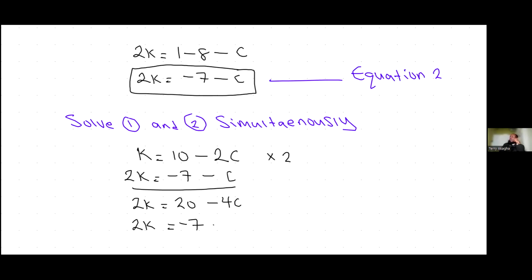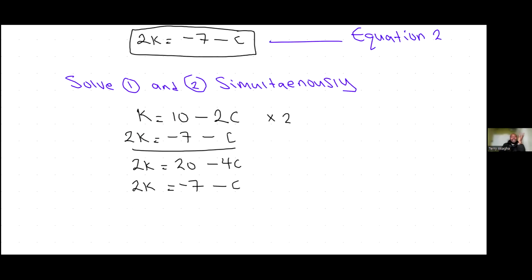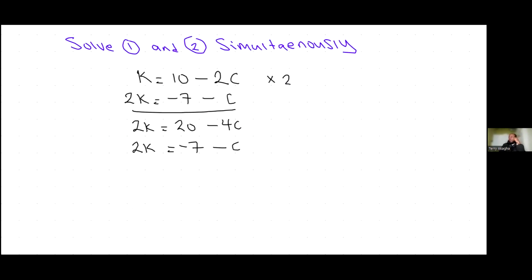Like I said, the essence of this is so that you can cancel out one of the variables. So 2k minus 2k will give you 0. Now 20 minus minus 7, minus times minus will give you plus, so it's going to be 20 plus 7, and that will give you 27.